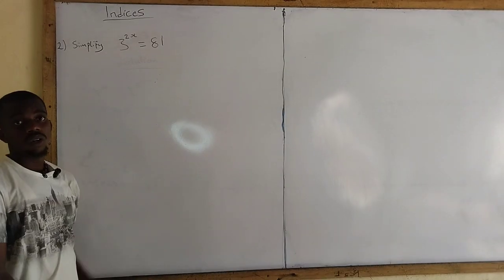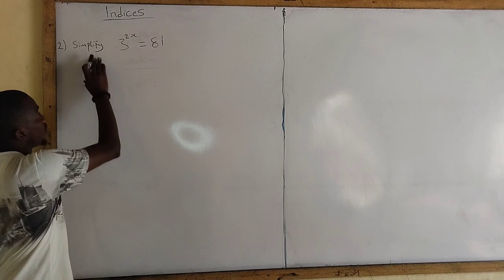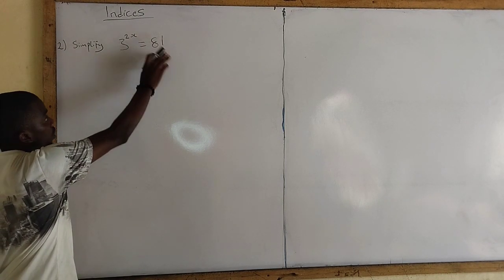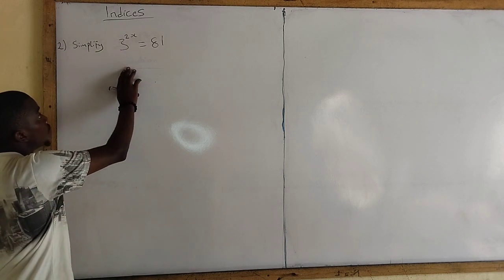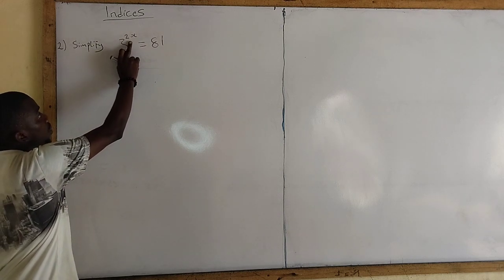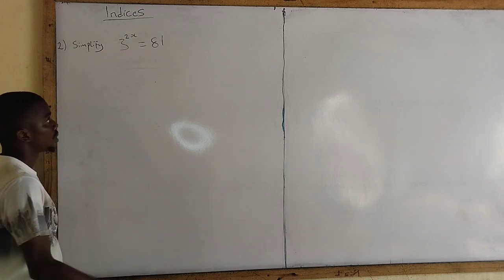Okay, we'll go to the next question. Number 2 says simplify 3 raised to the power of 2x equal to 81. So this question actually means, to what number will 3 raised to the power of 2 be multiplied with to have 81? That is what it simply means.